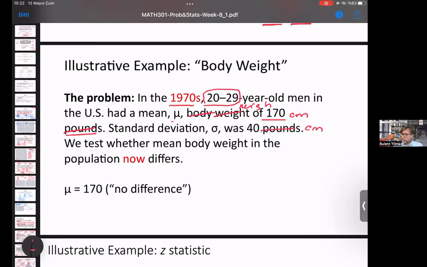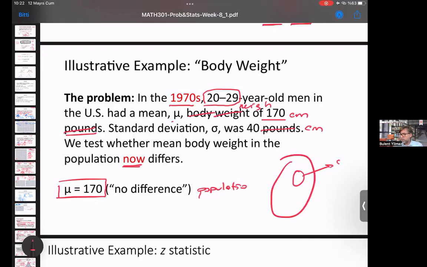We test whether the mean body weight in the population now differs. Okay, we are going to do such tests in the coming part of the course. So I have a mean which is 170 of the population. This is my population.